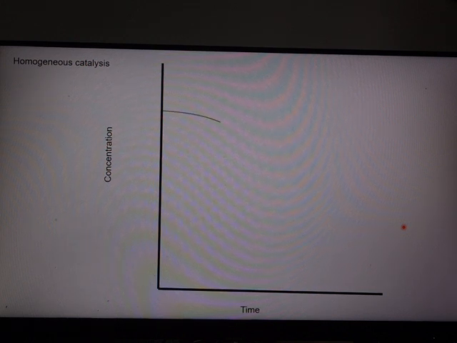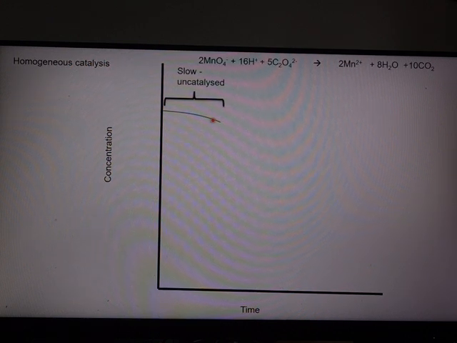So at the beginning, that concentration of MnO4 minus is not going to change very much, because the chemical reaction will have a very slow rate, because you've got MnO4 minus and C2O4 2 minus, two negative ions, trying to combine. So that chemical reaction will take a while to take place.